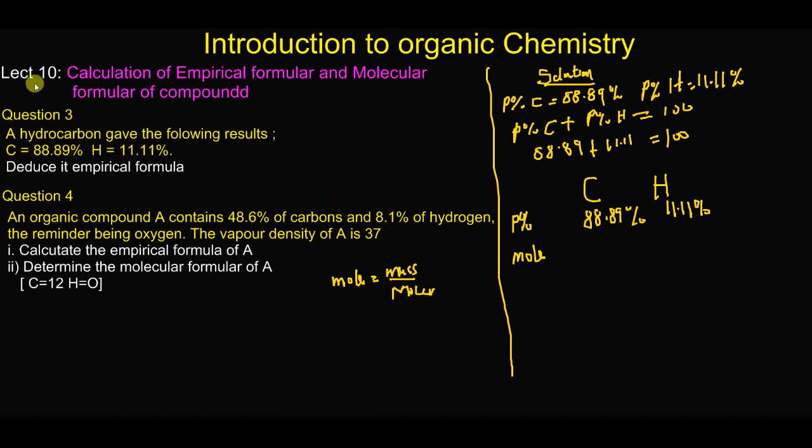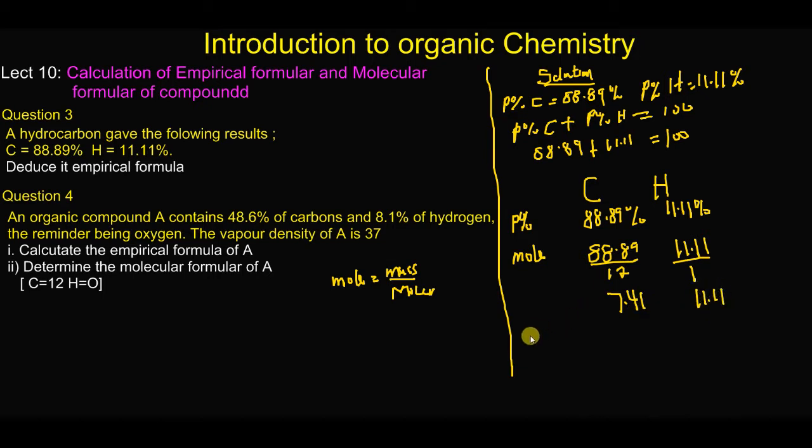Carbon is 12, you always know carbon is 12, and they'll give it to you in the question, so don't worry about that. You divide this one by 12, and the relative atomic mass for hydrogen is 1. Once you do that, you get the moles: 7.41 and 11.11.